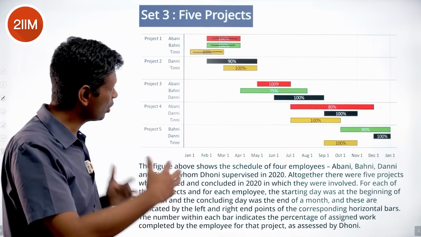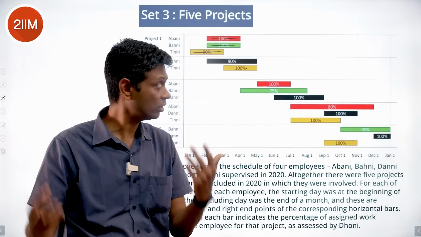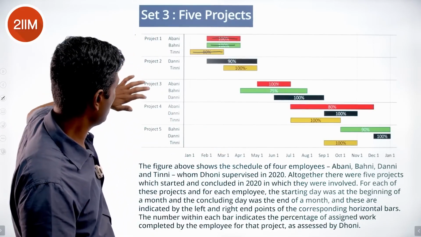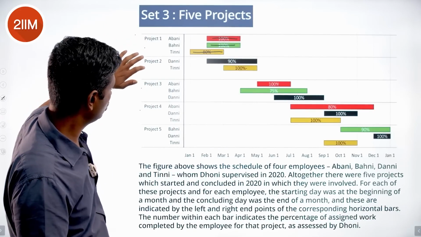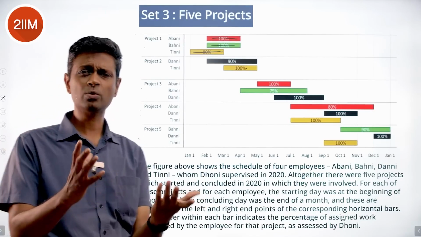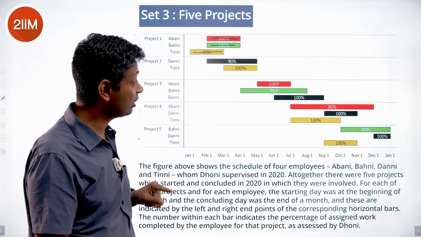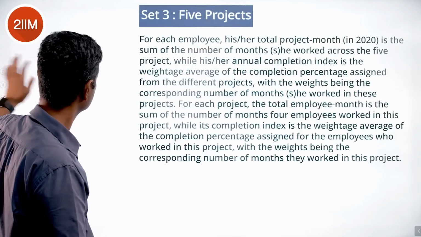They all started and worked at different times and had different project months. So Abani has worked in project 1, project 3 and project 4. Tinni has worked in 1, 2, 4, 5. Each of them has worked in different projects and for different timelines and has completed a different percentage of the task allotted to them. A brilliant chart that captures everything.